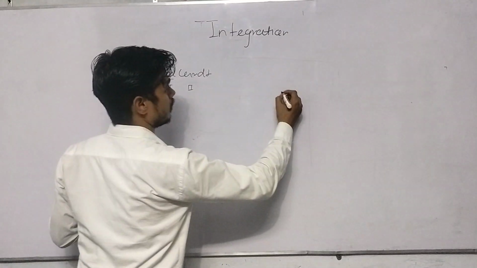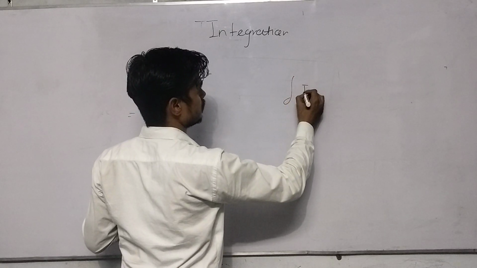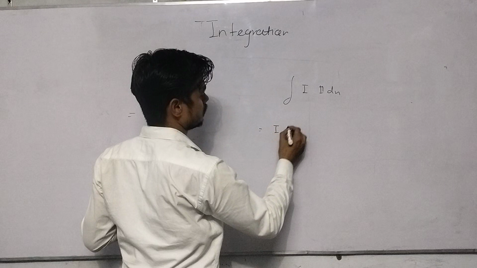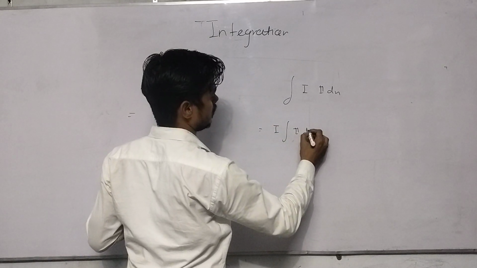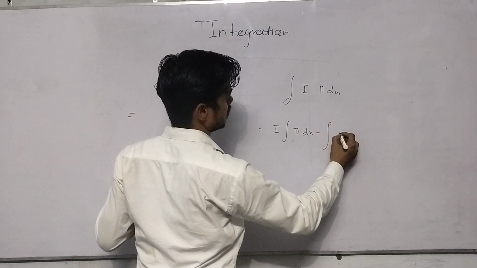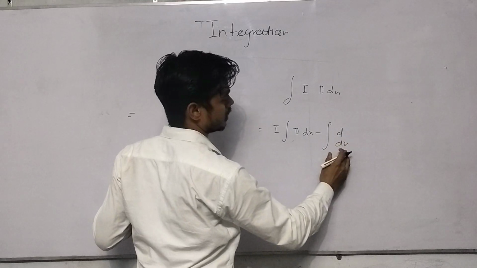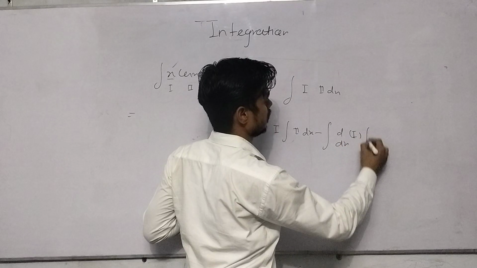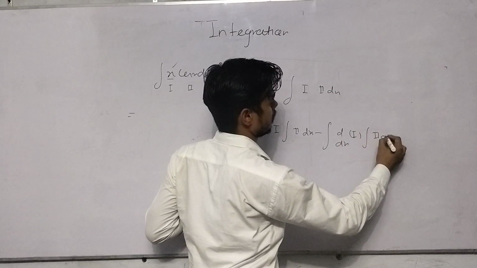When we have two functions, function 1 and function 2, what you do is: first function times integration of second, minus integration of d upon dx of the first function times the integration of the second, dx.